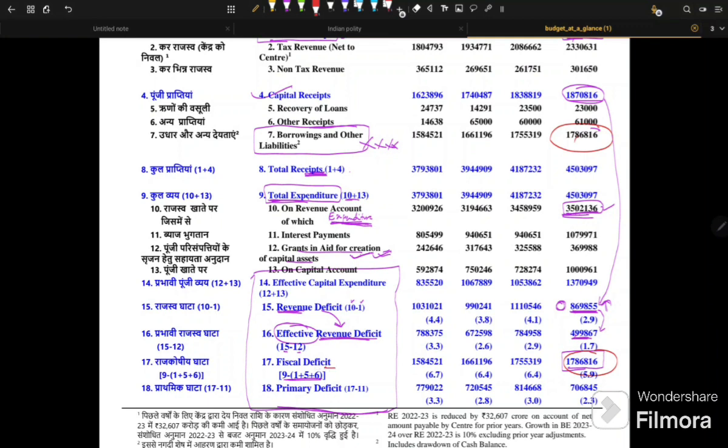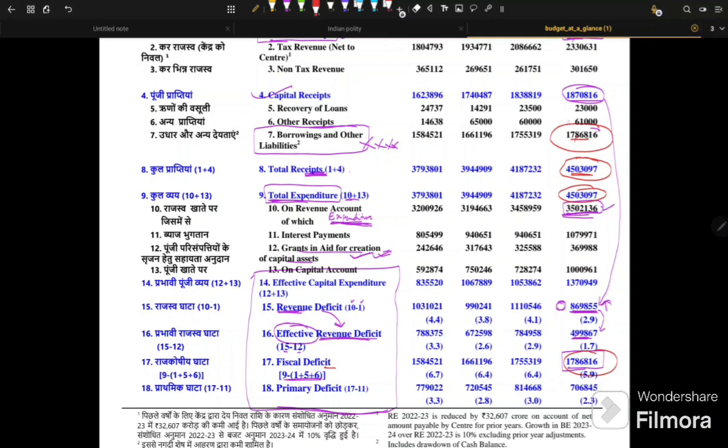Fiscal deficit indicates the government needs to borrow. It means the government has this much total expenditure, and the government has this much amount of receipt also, but they are including this part also in this total receipt. Yes or no?